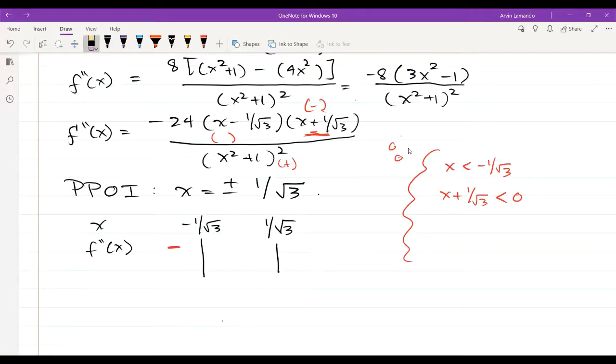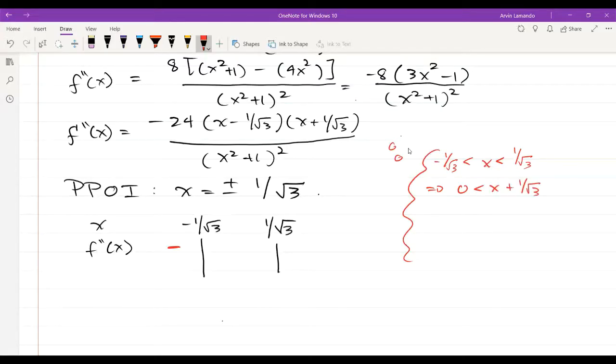Now, if x is less than 1 over square root of 3, but x is greater than negative 1 over square root of 3, then x plus 1 over square root of 3 is greater than 0, and x minus 1 over square root of 3 is less than 0.